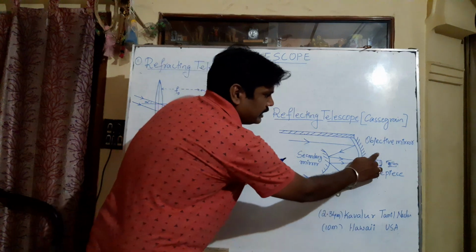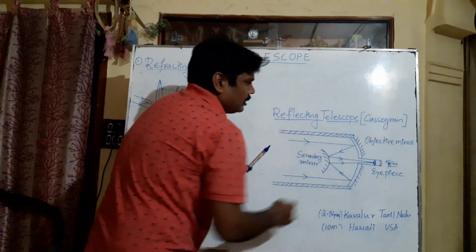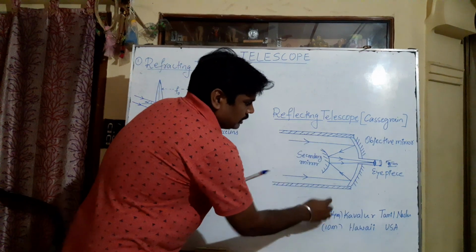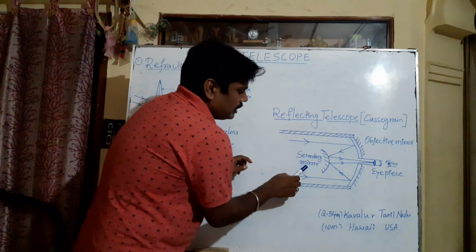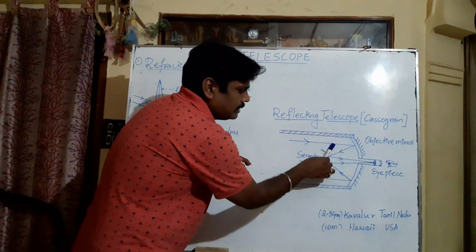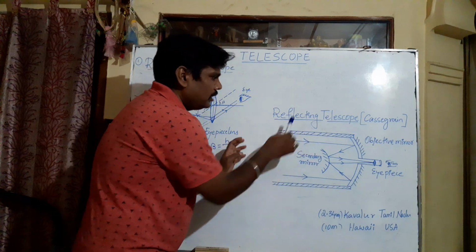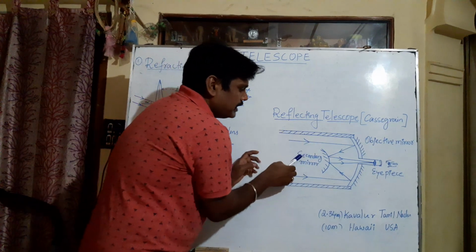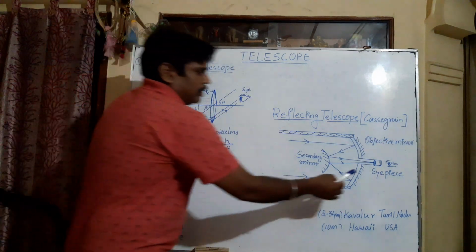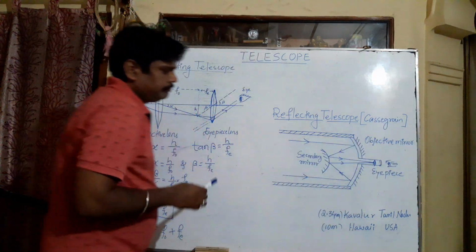If the eyepiece is here, it is the Cassegrain reflecting telescope. If the eyepiece is here, it means the secondary mirror is a plane mirror, which is the Newtonian reflecting telescope. If it is a convex mirror, it is called the Cassegrain telescope, because we have to see at this position.